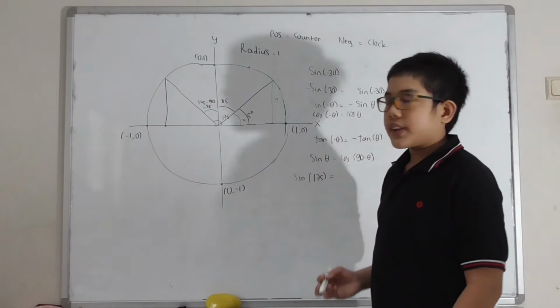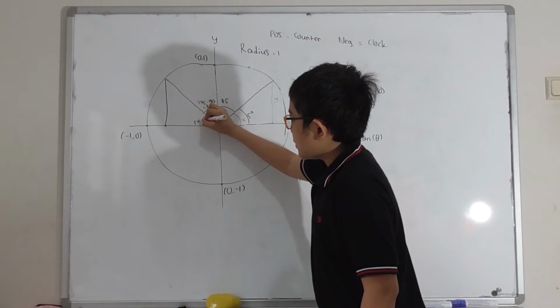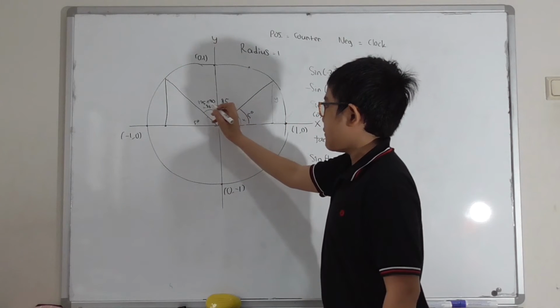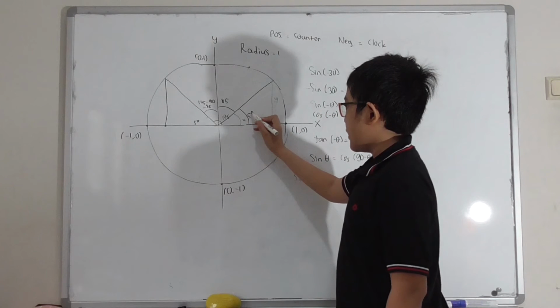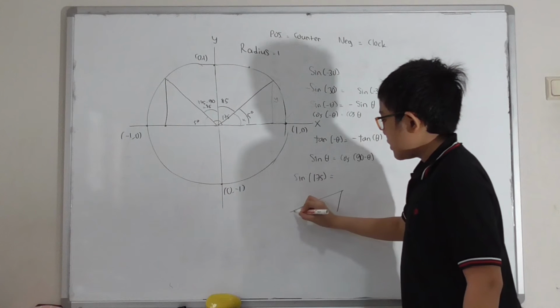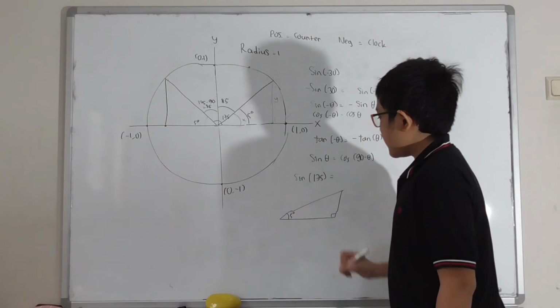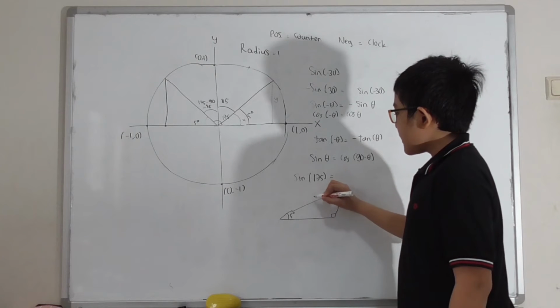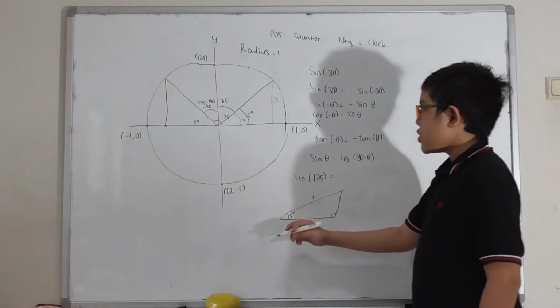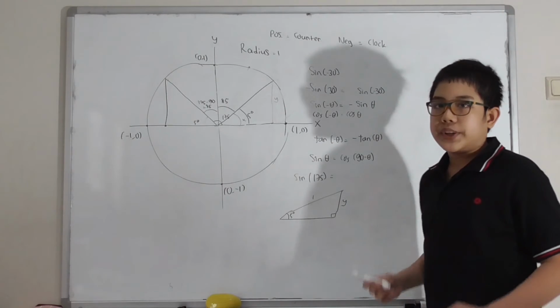Or, you can just calculate that this angle is going to be 5 degrees, which is 180 minus 175. So then, we can make our triangle with this being 90 and this being 5 degrees. And of course, this will be 1, because that's going to be the radius of the circle. And we can calculate this one with our simple trig ratios.